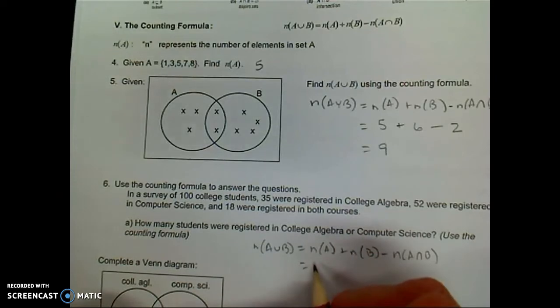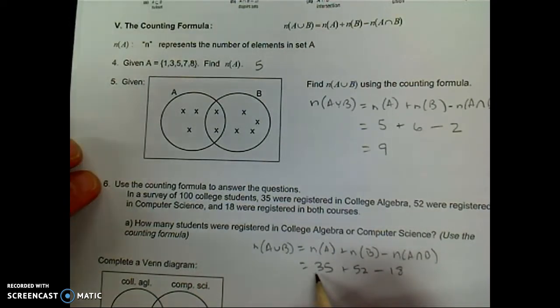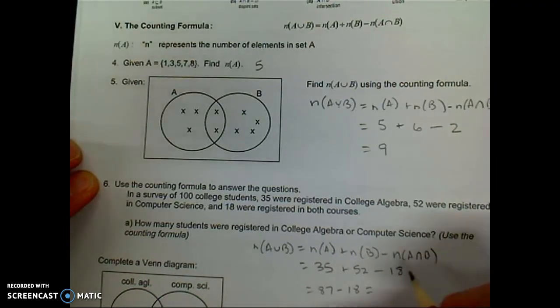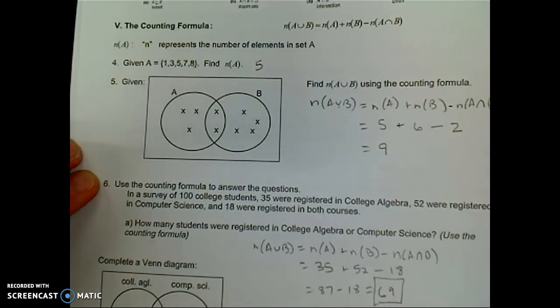The number who are in college algebra, 35. The number who are in computer science, 52, but we're going to subtract off the overlap, 18. So 35 and 52, that's 87, minus 18. So these are the number of students who are in college algebra or computer science.